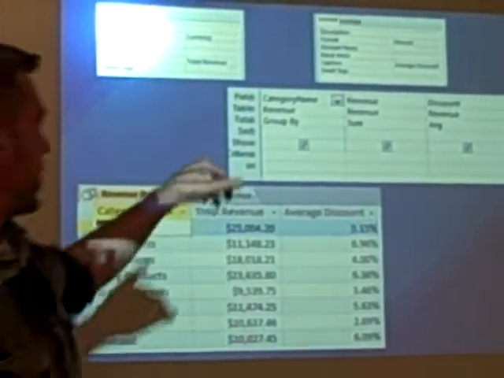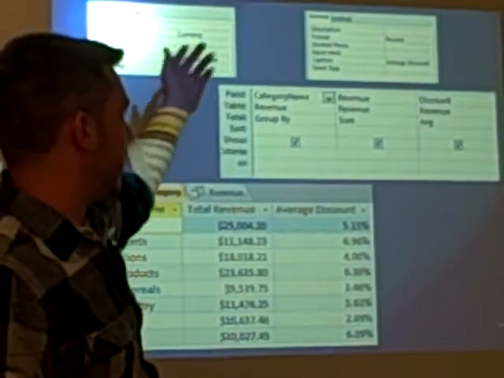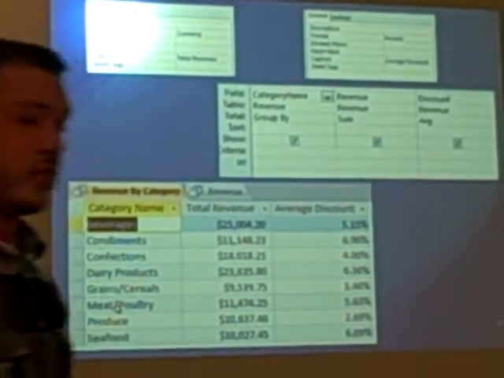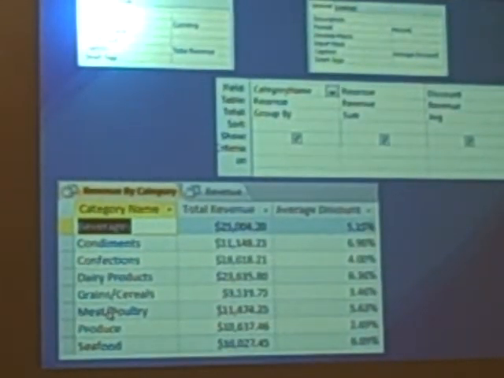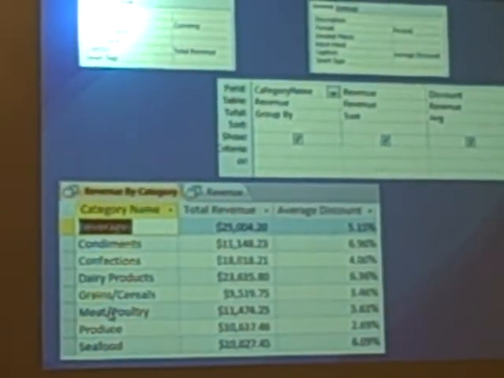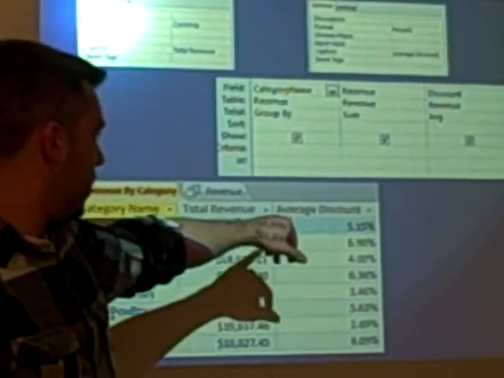And then you'd have to select what the numbers were, whether it would be currency or percentage. You also have to make sure that what it was grouped by, whether it was the sum or the average. And the average discount.